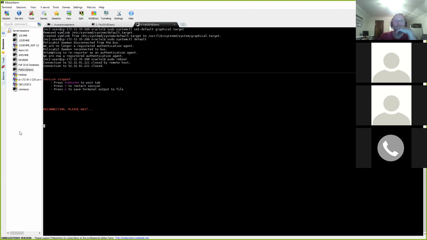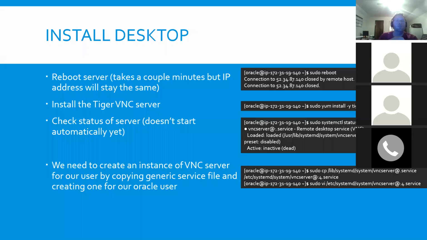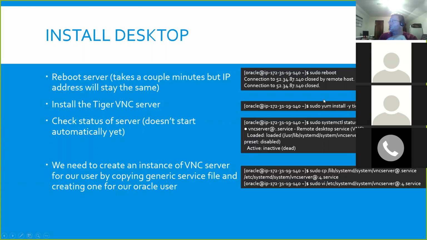So the next group of commands that we're actually going to issue here, I will switch back to our PowerPoint, are going to be these commands to install the Tiger VNC server, and then we're going to go about the process of making some system modifications to basically say, hey, we're using this thing, and we will make the copy for our Oracle user.